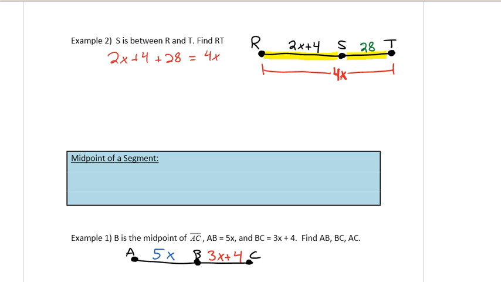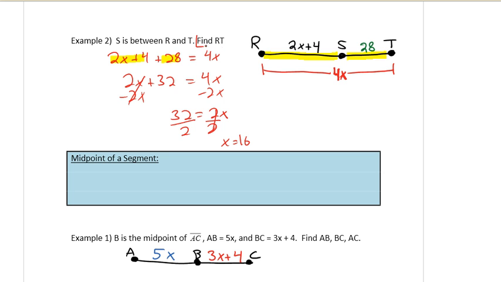Okay, again, we have little piece plus little piece equals the big piece. Go ahead and use your algebra skills. 2x plus 32 equals 4x. Subtract 2x from both sides. 32 equals 2x. Divide both sides by 2, so x equals 16.